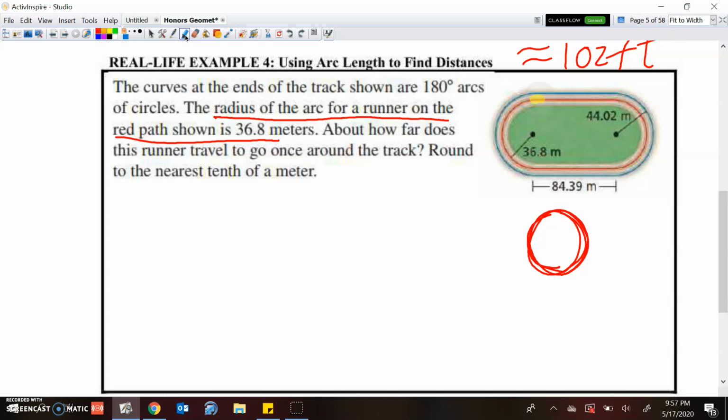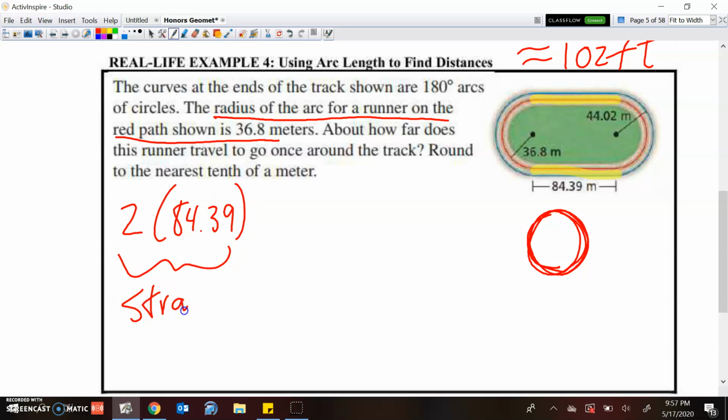So this distance and this distance is marked as 84.39. That's happening twice, so I'm going to go 2 times 84.39. This represents the straightaways, the straight portions. We're going to add to that this round portion, this semicircle and this semicircle, which again come together to make a full circle.